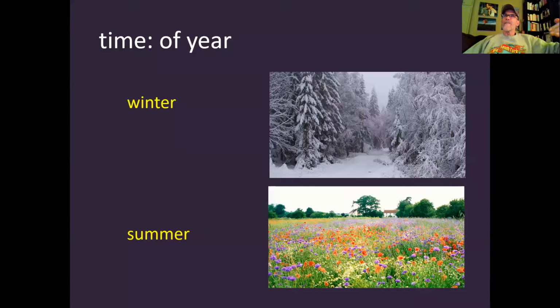So if a story is set in winter, for example, all the associations we have with winter as being the days are the shortest. So we associate darkness with winter. It's cold during winter. We generally don't tend to see lots of people necessarily in winter.